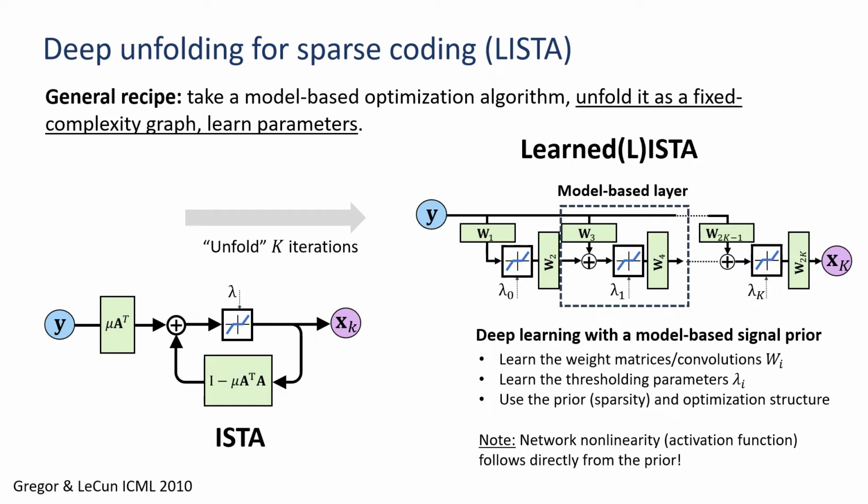So these W's can also be convolutions, which gives a neural network with a model-based layer that consists of these matrix multiplications, the particular structure of the optimization algorithm, but also, very importantly, the activation function, which comes naturally from the prior, being the soft thresholding function derived from the prior that x is sparse, right? And in that way we have a neural network with a model-based signal prior baked into it.